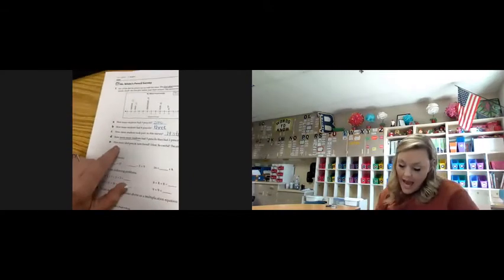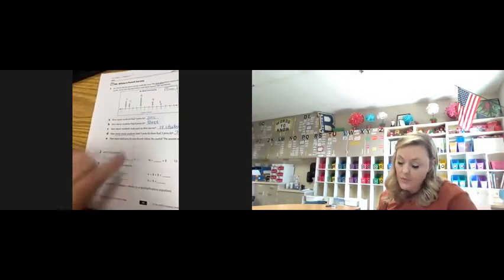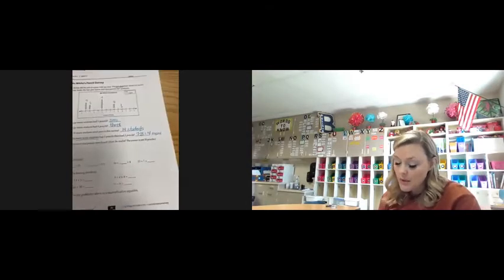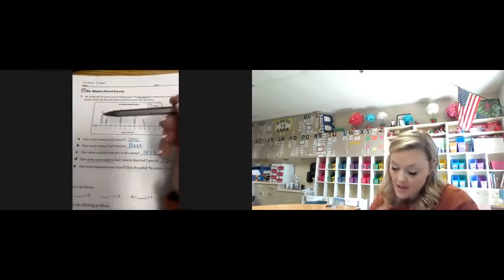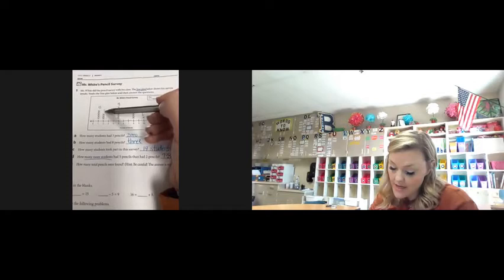And last, how many total pencils were found? So thinking about it's not 19, we would need to add or use multiplication to quickly solve this. So I know that 5 groups of 1, 3 groups of 2.